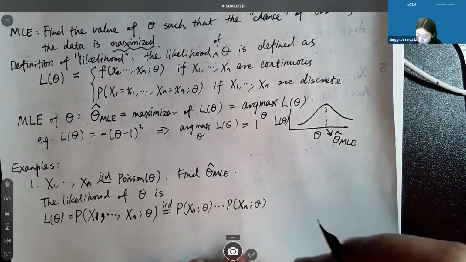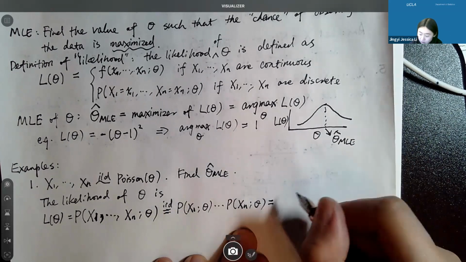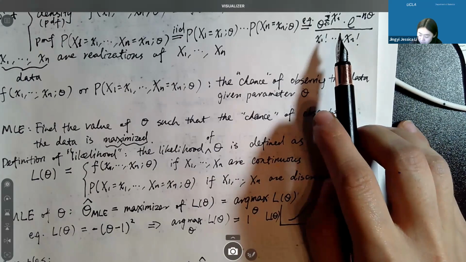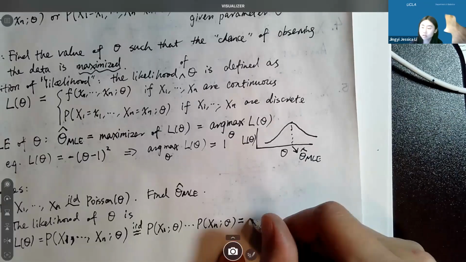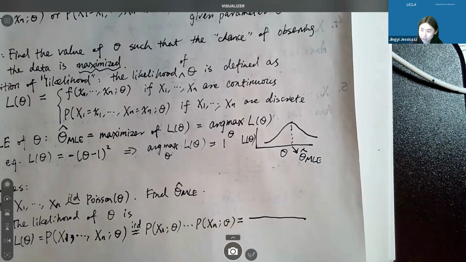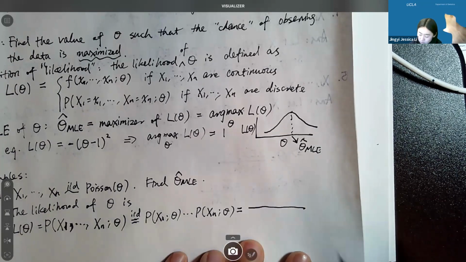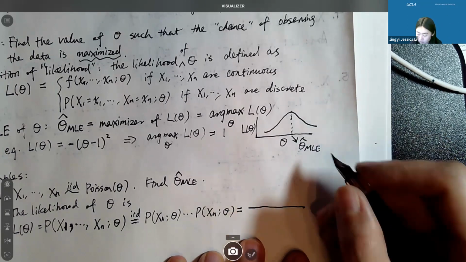Then I use the Poisson probability mass function, which I already have here, so I'm just going to copy it down. Here I'm dropping the lowercase notations because I want to say that the realizations can be random. I can take any possible samples from the distribution, so that's why I'm keeping the randomness instead of specifying the lowercase ones.